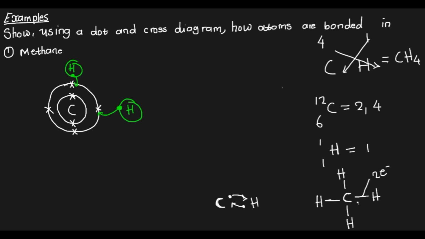This will share with this one. Also here, this will share with this one. Then the last one will share with this one. So you can see what happens. So let's now finish our diagram. So our actual diagram will be like this.